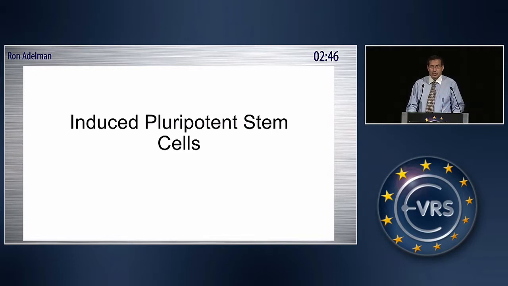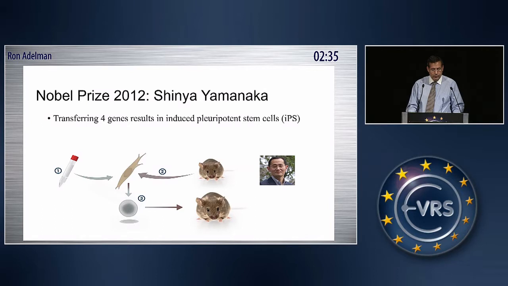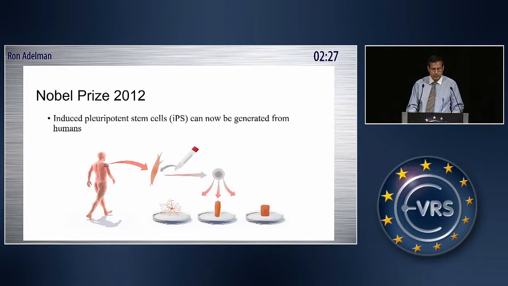But then there is another line, which is induced pluripotent stem cells. That's based on the Nobel Prize work of Gurdon and Yamanaka in 2012. They got the Nobel Prize because they showed this: if we transfer 4 genes in an adult cell, we can actually induce stem cells. For example, if an adult has a disease, you can get a muscle cell and change those 4 genes, and it becomes the specific stem cell of this individual.